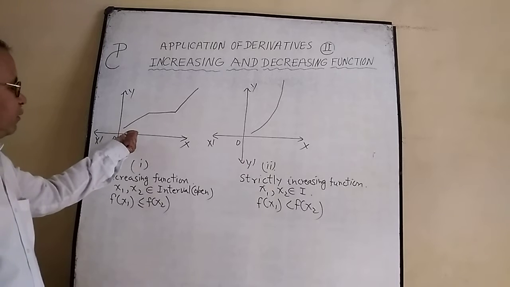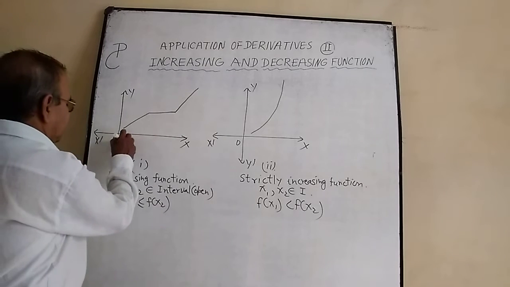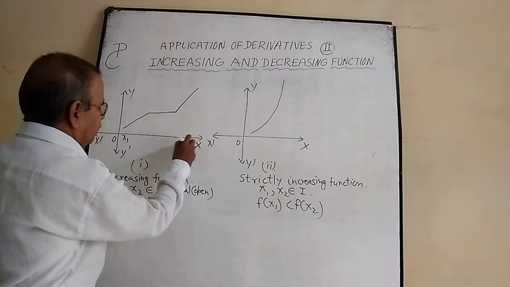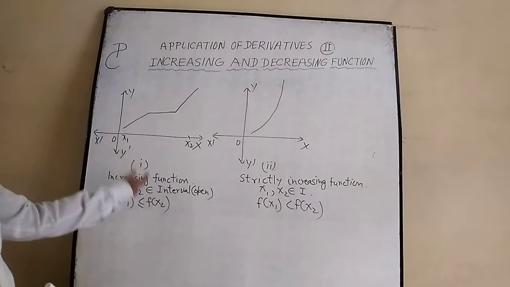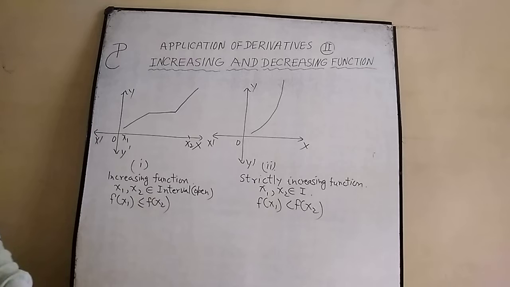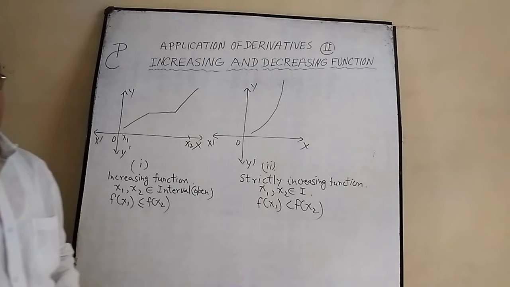Here x1 is definitely less than x2. We can say x1 is less than or equal to x2, and of course x1 is less than x2. So f(x1) is less than or equal to f(x2) is an increasing function.